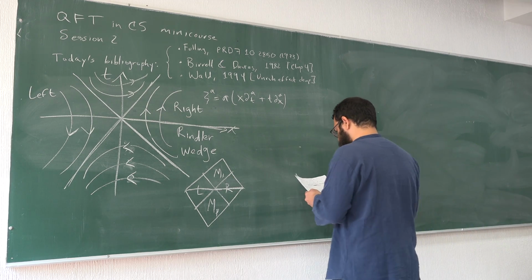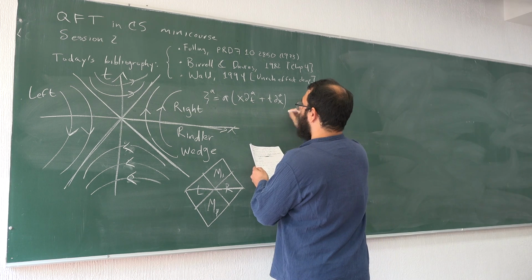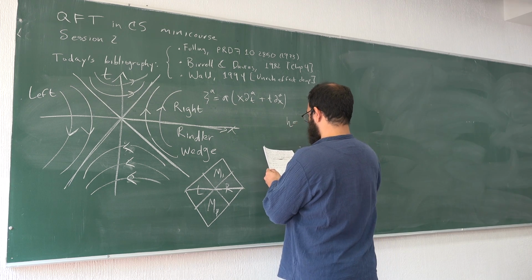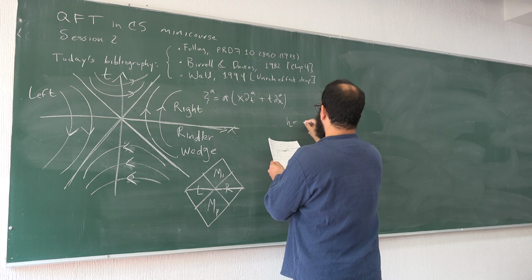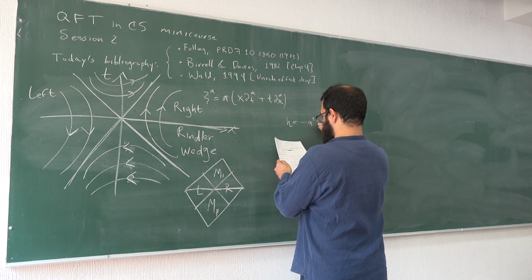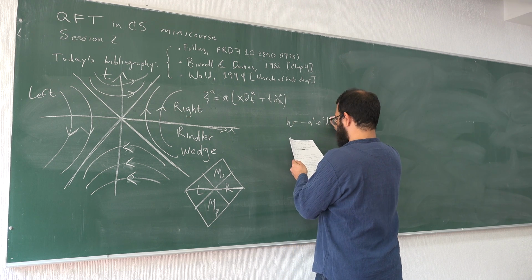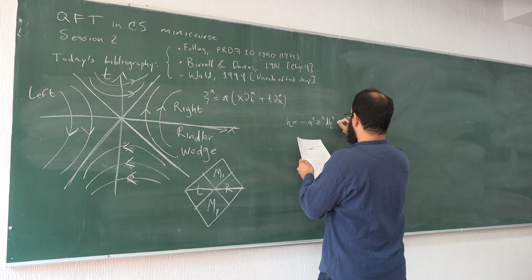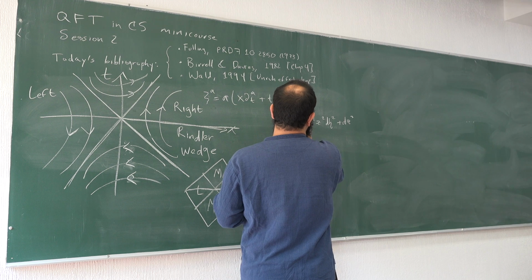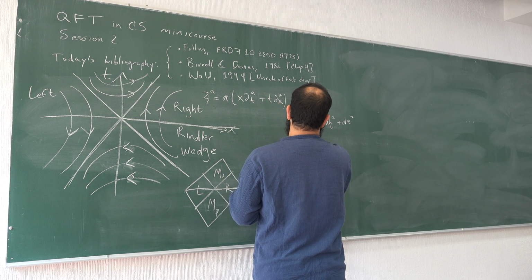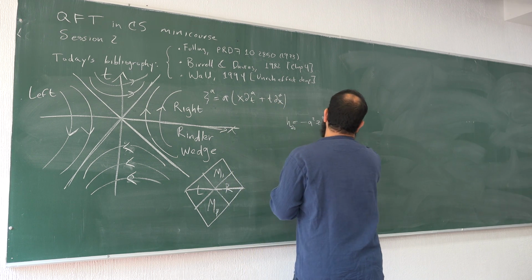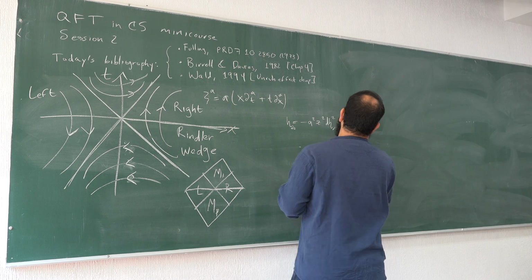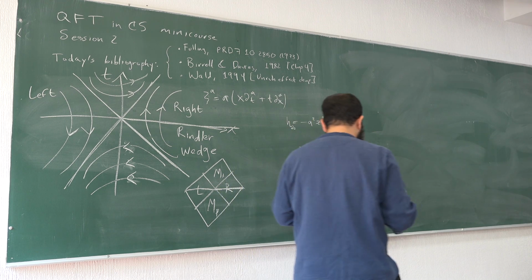Okay? So I want to write the Minkowski metric in a new set of coordinates in this form. Well, this is the metric, right? So let me call that AB. Okay. This is a coordinate, and I'll tell you what it is in a minute.